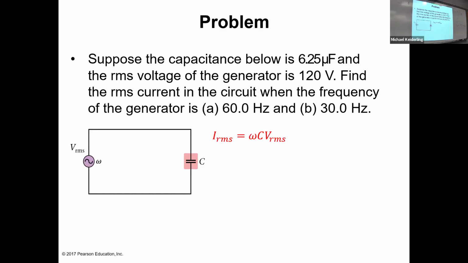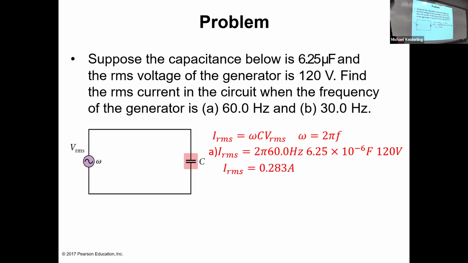So, root mean square current equals omega times capacitance times root mean square voltage. Omega is 2 pi times frequency. So at 60 hertz, 2 pi times 60 hertz times 6.25 times 10 to the minus 6 farads times 120 volts gives us 0.283 amps.